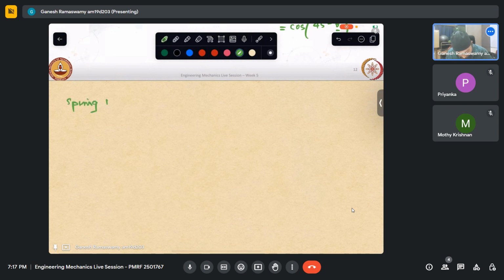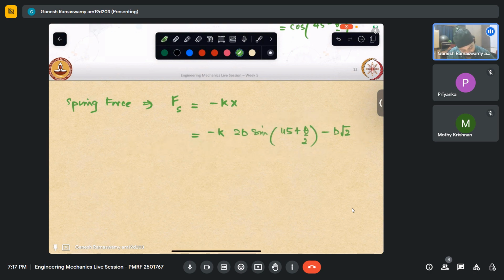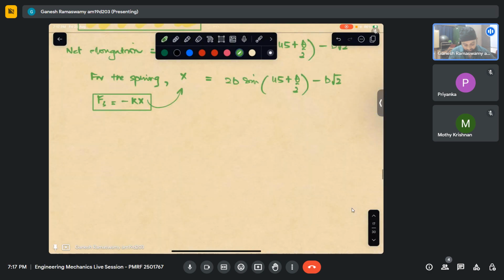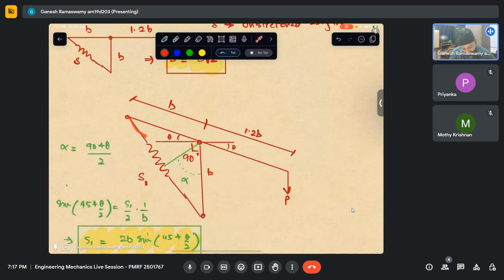Spring force Fs is minus Kx, which means it is minus K into this quantity. So this is my spring force. In my configuration given, how is it acting? It is acting like that, because this is getting elongated.